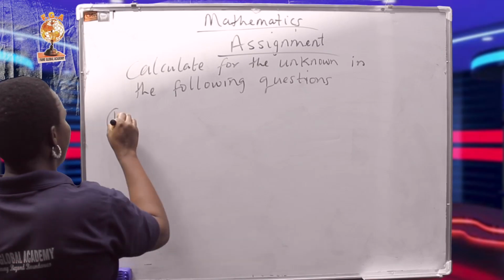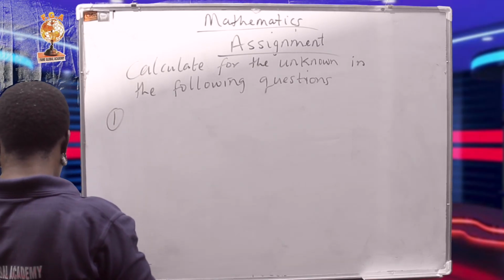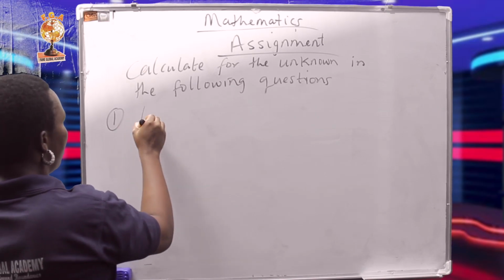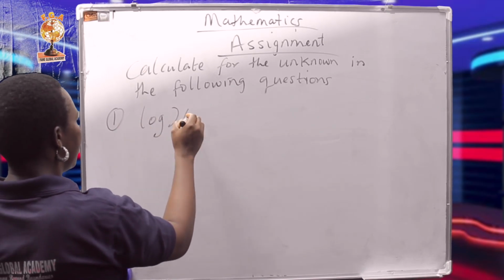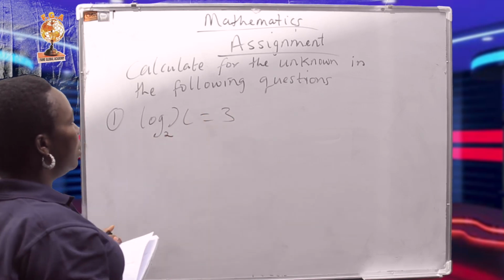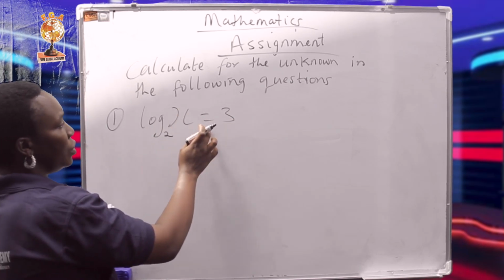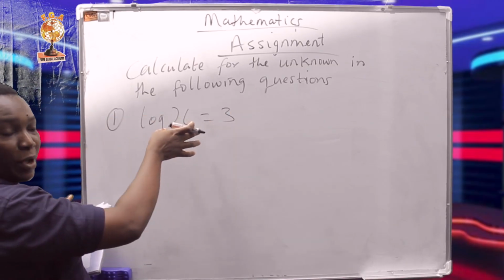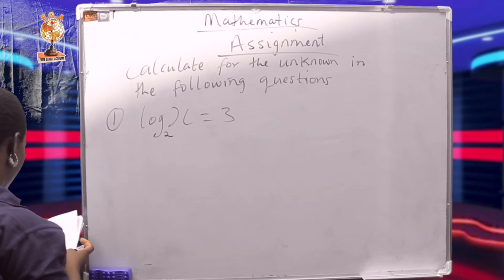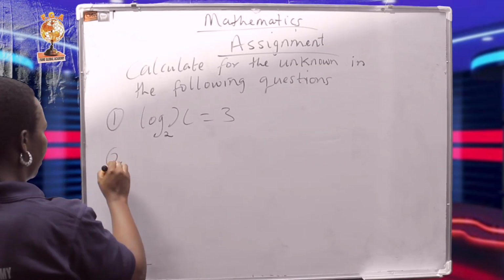Okay, so question 1 says, if we have log x base 2 is equal to 3. So remember, you're going to look for the value of x in this particular one. Okay, we have question 2.